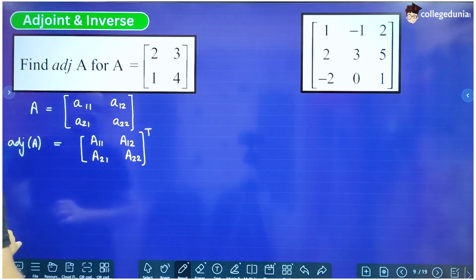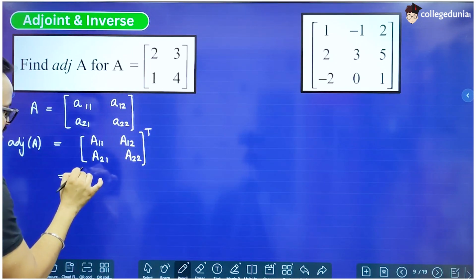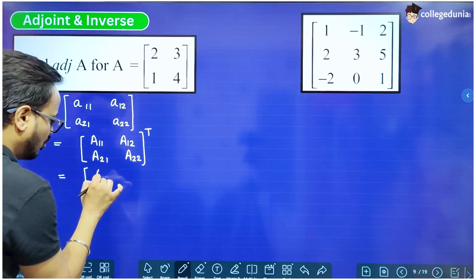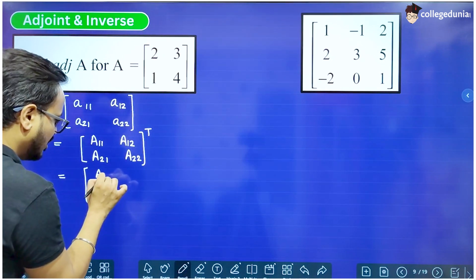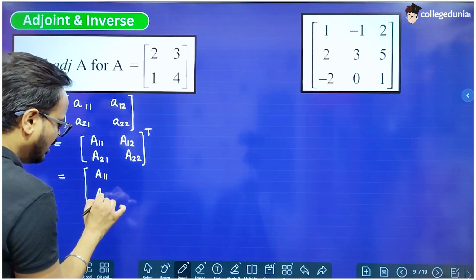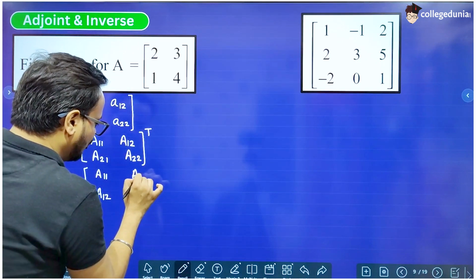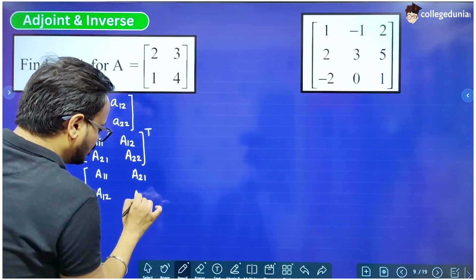Transpose we all know, we just have to interchange the rows and columns. So if we are taking the transpose of this matrix, first row becomes first column: A11, A12, A21, A22.